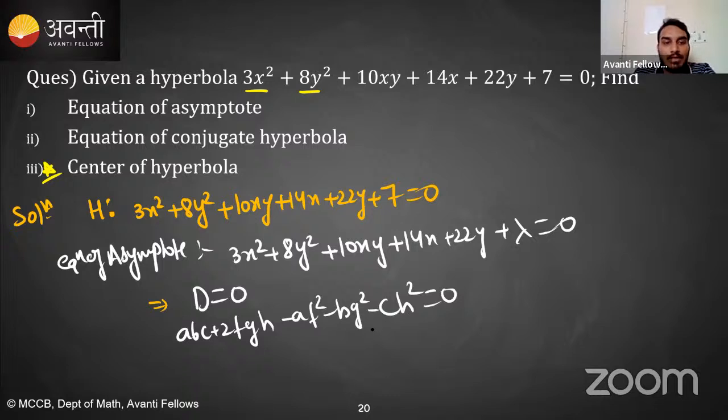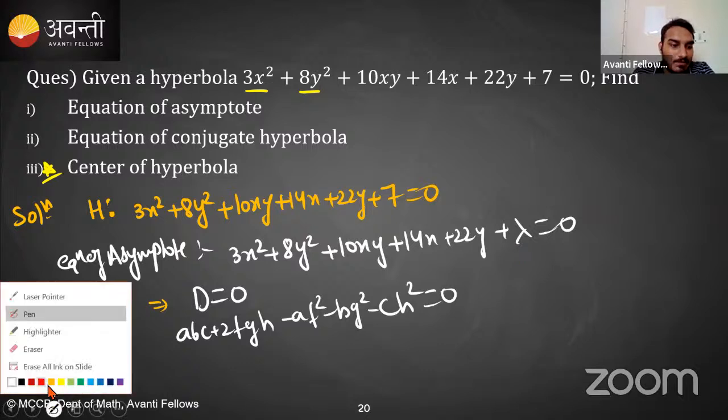Yes or no? The equation of asymptote is nothing but the combined equation of the two straight lines. If the general equation is representing a combined equation of two straight lines, then delta should be 0. Now the only unknown term is lambda, so we can get lambda, right?